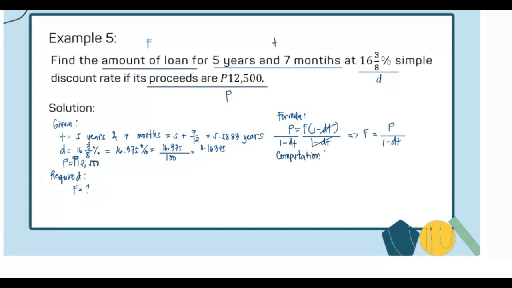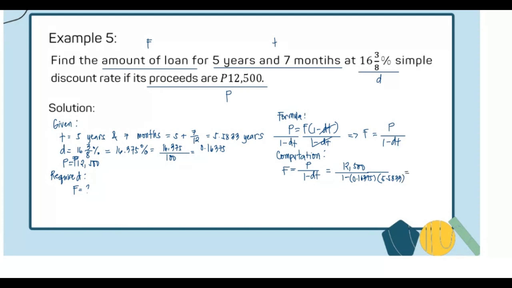So if we do that, F is equal to P divided by 1 minus dt. And then, yung P natin there is 12,500 divided by 1 minus yung D natin, which is 0.16375, multiplied by our term, which is going to be 5.5833.